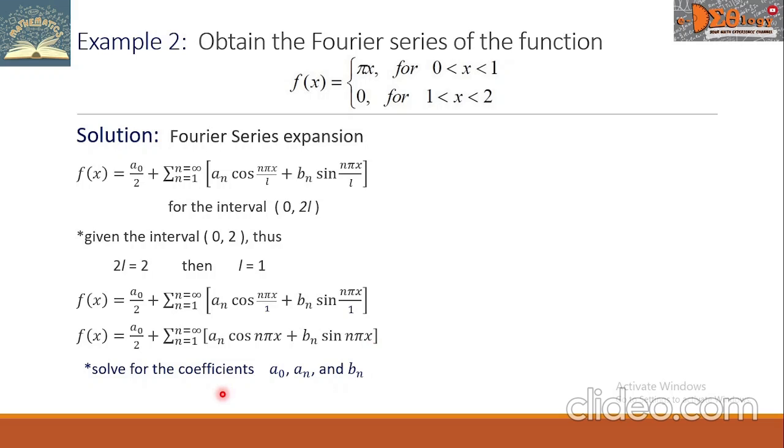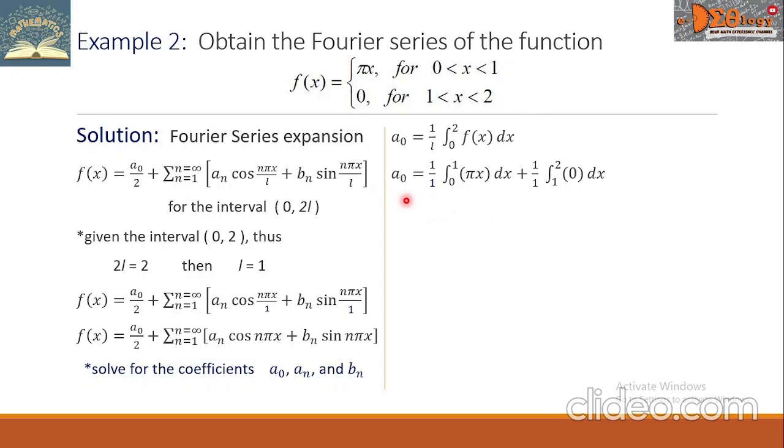Let us now solve for the coefficients a sub 0, a sub n, and b sub n. Let's begin with a sub 0 equals, this is the formula. Let us now write the value of a sub 0 with respect to our piecewise function given. That is why a sub 0 equals 1 over 1 times the definite integral from 0 to 1 of the function pi x, then dx, plus 1 over 1 times the definite integral from 1 to 2 of the function 0, then dx.